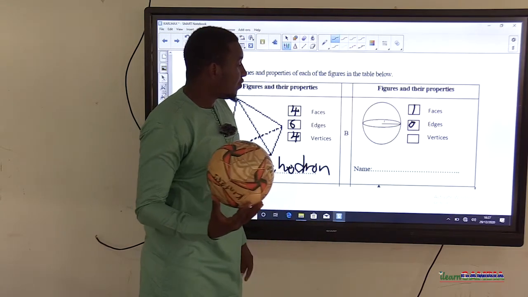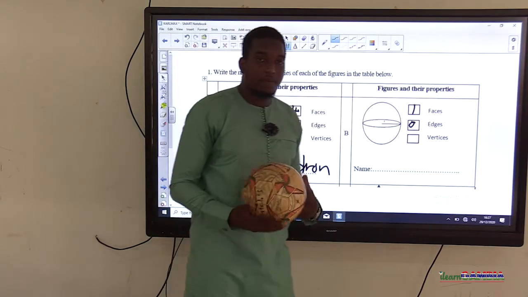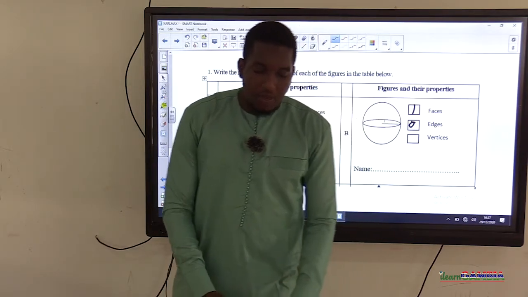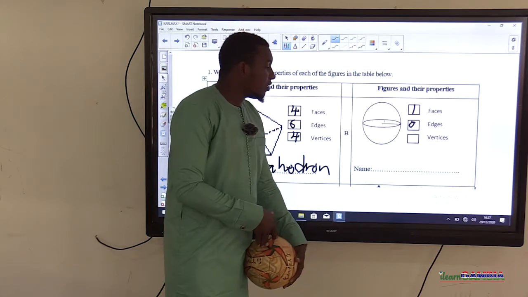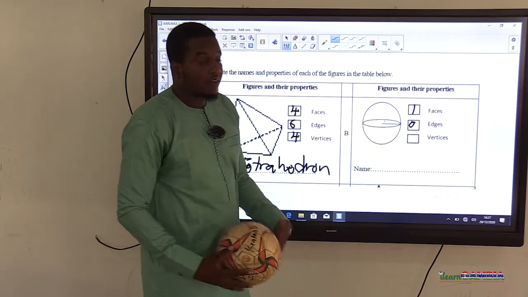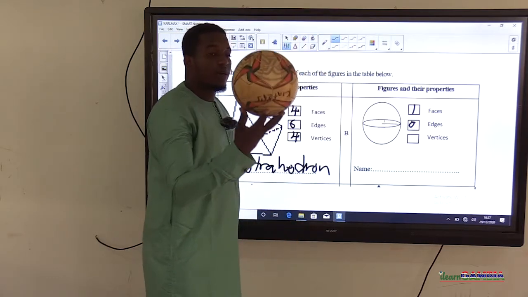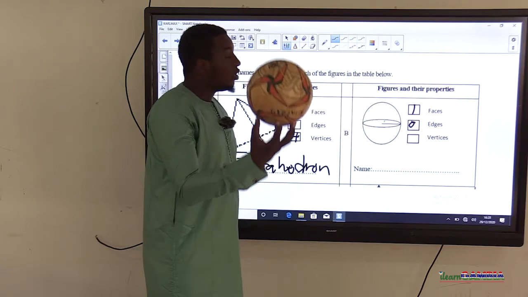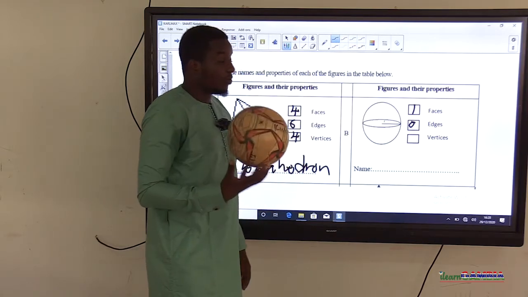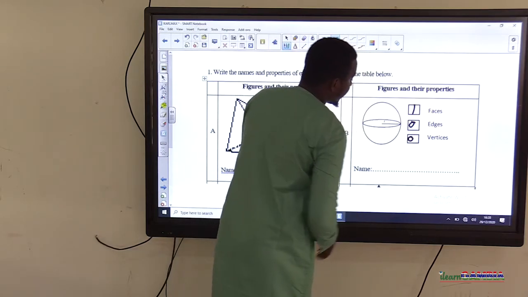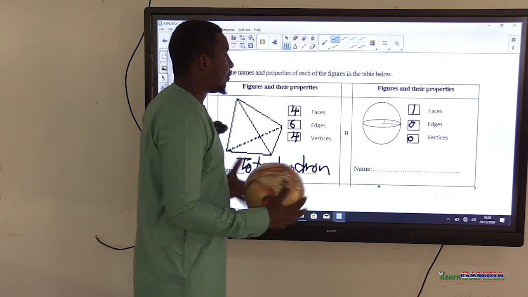From there we move to vertices. We say when 3 or more faces meet, a vertex is formed, or when 3 or more edges meet, a vertex is formed. Since this 3-dimensional shape doesn't have any edge, it has 0 vertices. So what is the name of this shape?